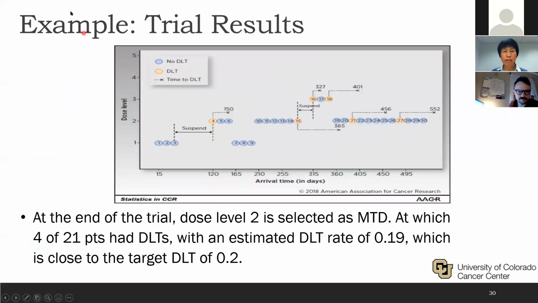So at the end of the trial, dose level 2 is selected as the MTD, at which there's 4 out of 21 patients who had DLT. So there's a total of 21 patients treated on dose level 2, and there's 4 orange colored, meaning 4 DLT. So the estimated DLT rate is 0.19, which is close to the target DLT of 0.2.